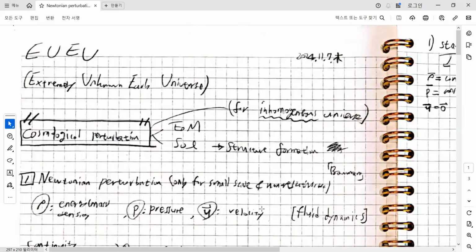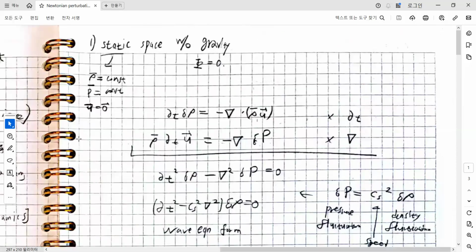First of all, let's assume a static space, and also we assume that there is no gravity, so the gravitational potential equals 0, and all the quantities of the homogeneous background, rho bar and P bar, are constant, and the velocity u bar is also 0. Then the equations of motion are given in such a form.